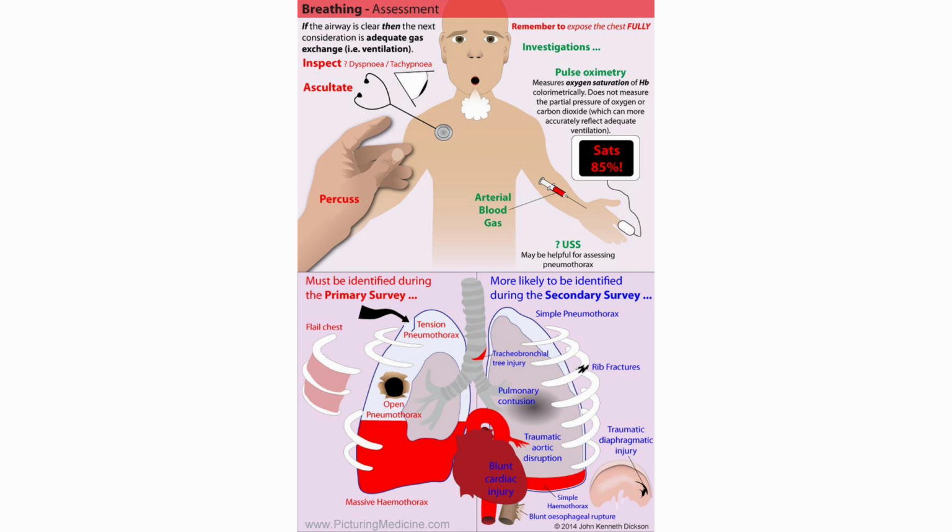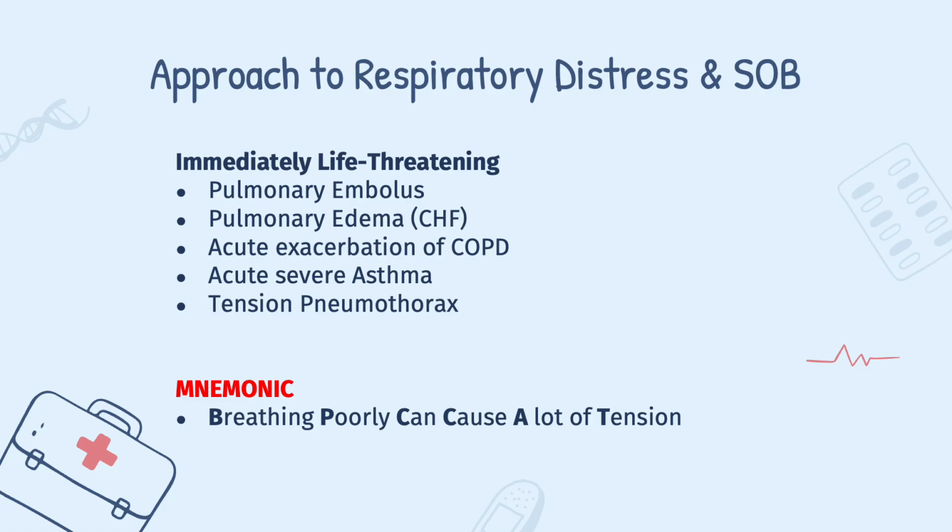And then our C, circulation. We're looking at patient's mental status. We're looking at color. Do we have mottled skin? Are they cyanotic? We're feeling for peripheral pulses, and we're checking patient's heart rate and cardiac rhythm, as well as blood pressure.